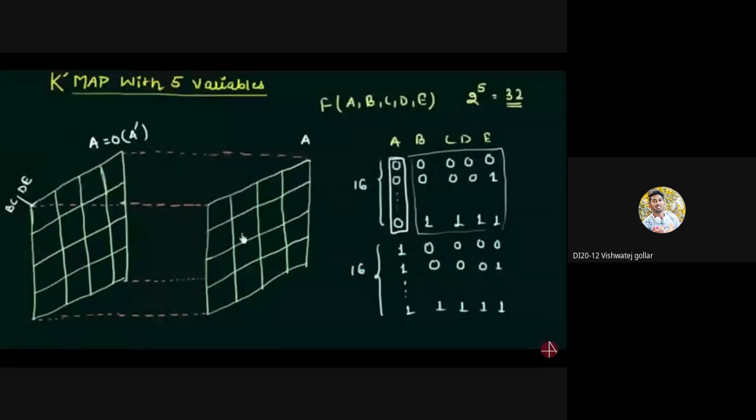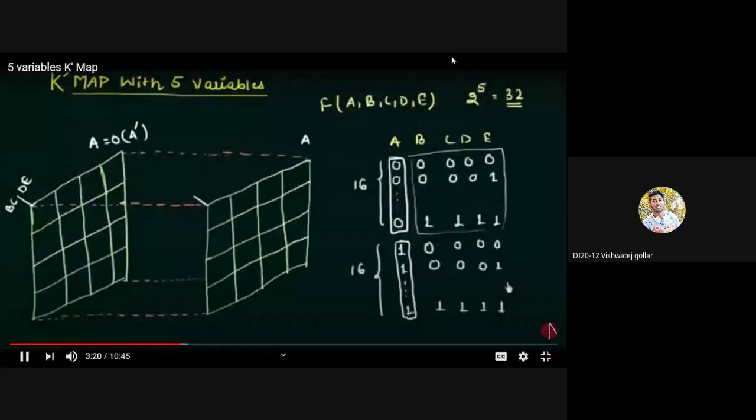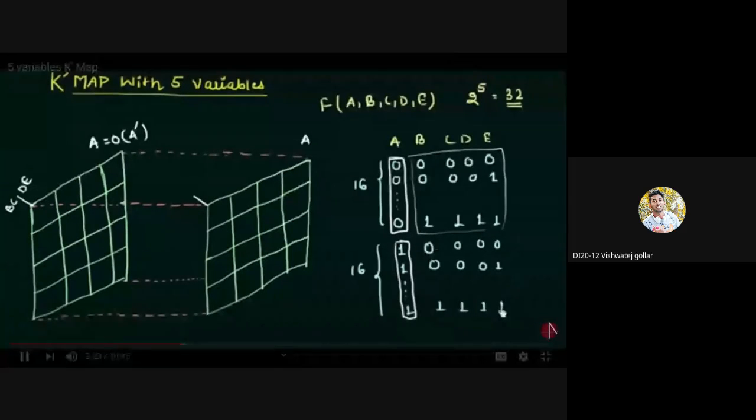Similarly, in this map, when A is 1, I can write down this combination. This is actually a 4-variable combination as in a 4-variable K-map. So B, C, D, E. Okay, now this is a 5-variable K-map, and I explained how it is arranged. For the first map, A is 0 or A complement.